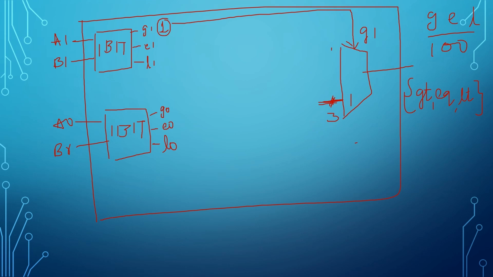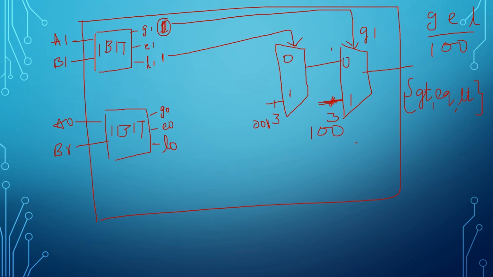What if G1 is 0 and L1 becomes 1? Then another multiplexer has L1 as its select line, and if it becomes 1, we get 001 as the main output.